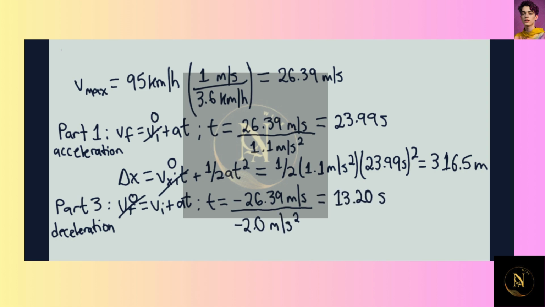And then let's find the distance traveled during this phase. So delta x would be equal to Vx initial t plus 1/2 AT squared.